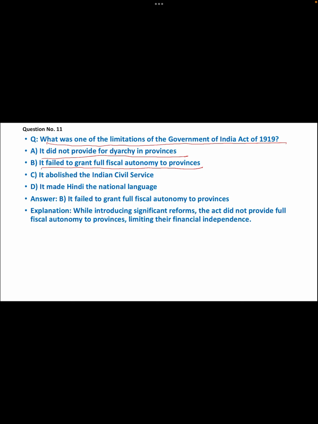C. It abolished Indian civil service. D. It made Hindi the national language. So D is incorrect, C is also incorrect, and A, that it didn't provide for diarchy in provinces, is also incorrect.